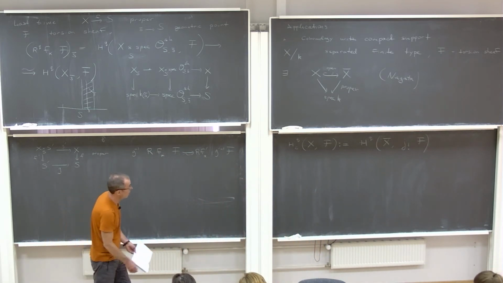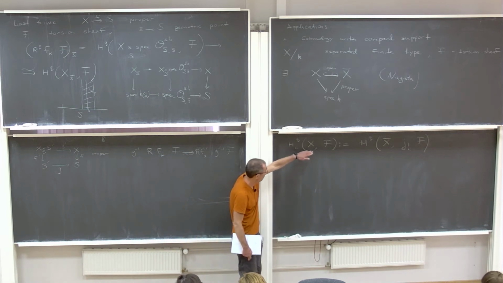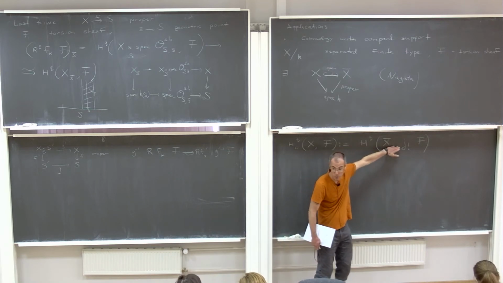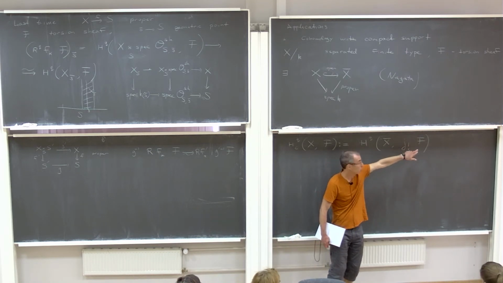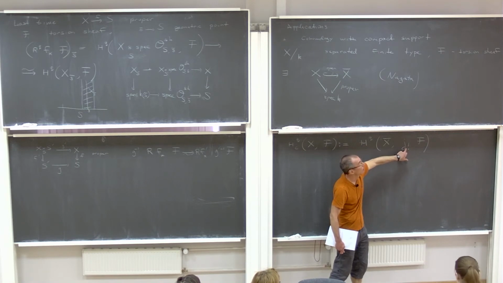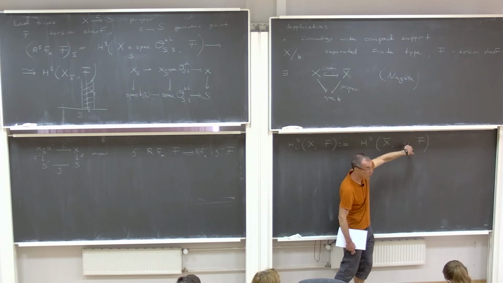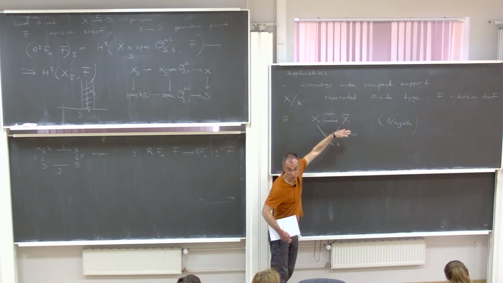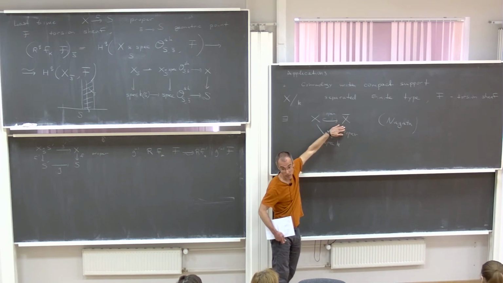So what this definition, well, homology with compact support is defined in terms of the usual homology of this new sheaf, right? So we define this functor as right adjoint to the restriction functor for any étale morphism, in particular for an open embedding.